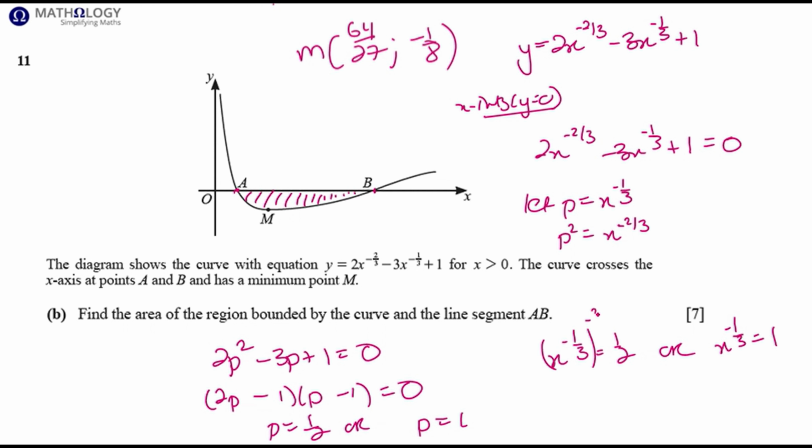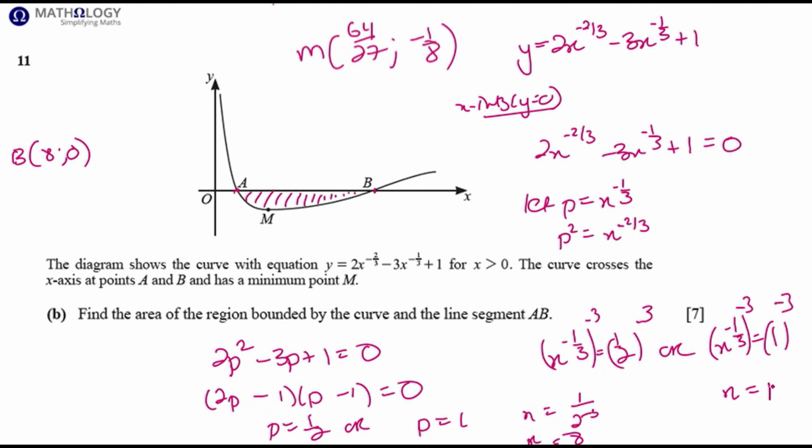We raise both sides to the minus 3. So x equals 1 over 2 to the minus 3, which will be 8. So B will be the point 8, 0. And we do the same with the other equation, so x will be 1. A is therefore the point 1, 0.